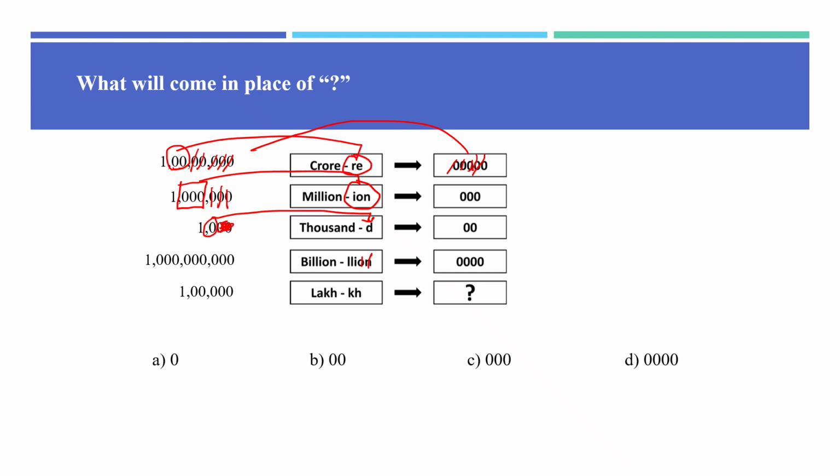Here 1, 2, 3, 4, 5 letters. 1, 2, 3, 4 zeros. Let me cancel 4 zeros. Then obviously there are 5 zeros left, which is 5 letters. In that case there are 2 letters. Let us cancel 2 letters. Then 3 zeros would be left out. And I go with option C.